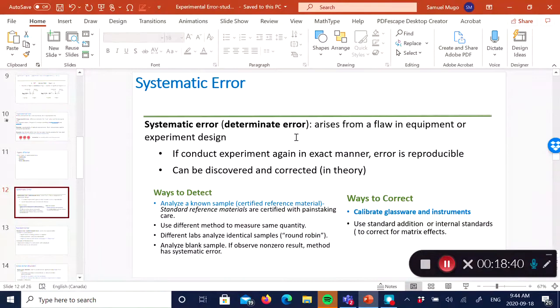You can also correct it by doing other sets of instrument calibration called standardization or internal standard calibration methods, which we're going to cover later on, maybe sometime next week. But the key thing is you correct systematic error by calibration.